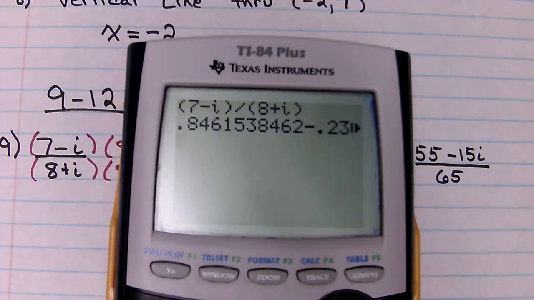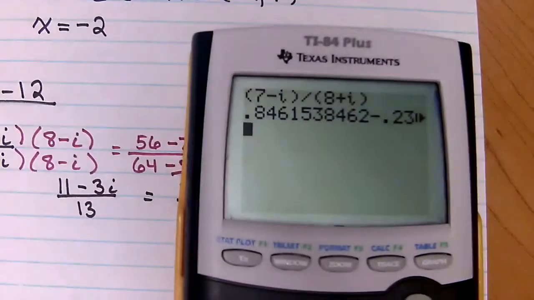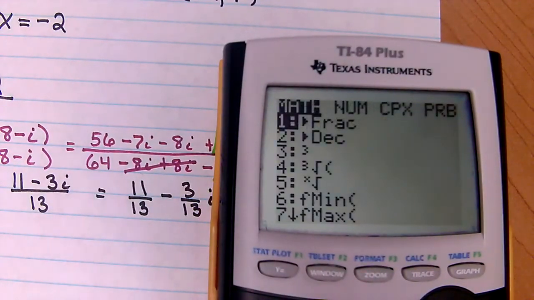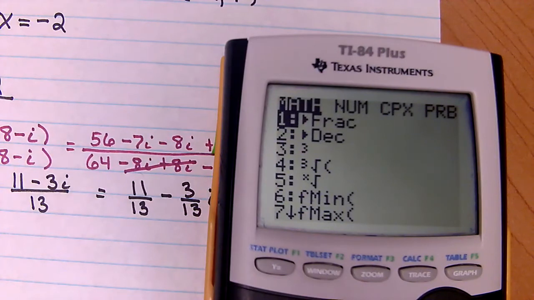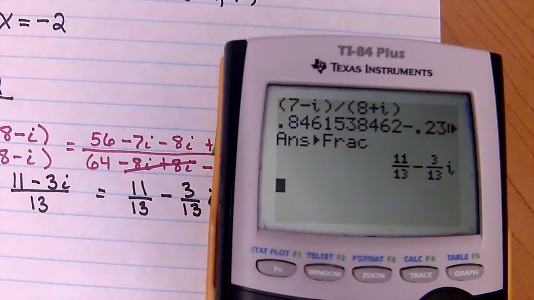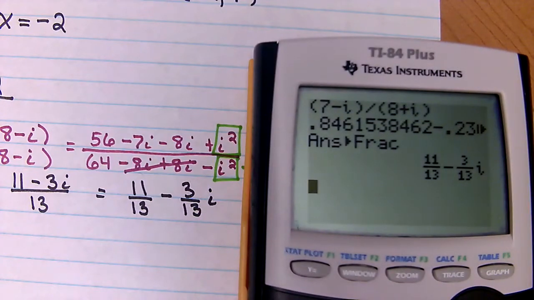And it's giving me all these weird decimals. Well, I know I had fractions, right? If I press math, the first option is convert to fraction. It says that's 11 over 13 minus 3 over 13i.